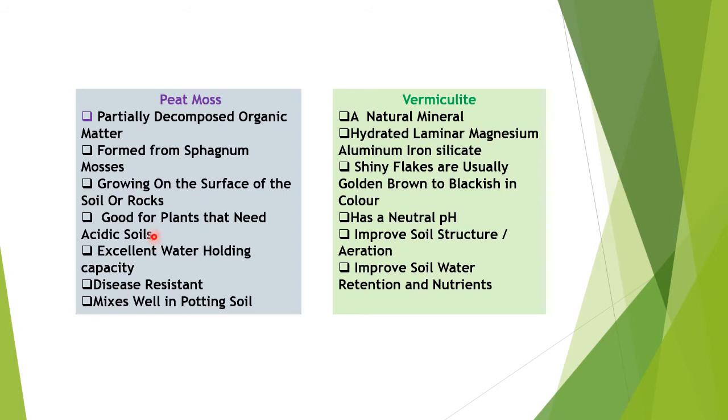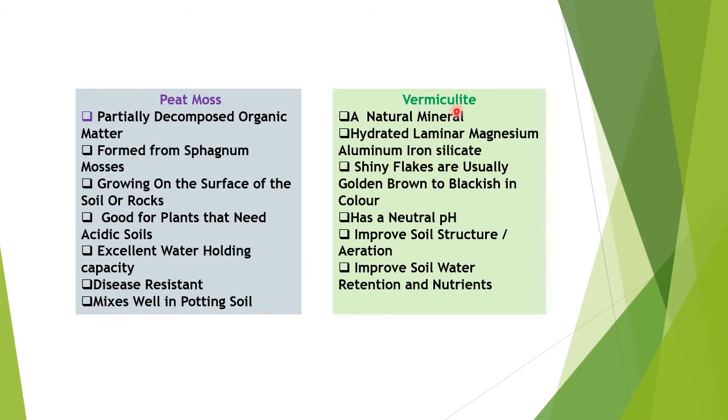Peat moss is basically partially decomposed organic matter formed from sphagnum mosses, growing on the surface of the soil or rocks. It's good for plants that need acidic soils, has excellent water holding capacity, is disease resistant and mixes well in potting soil.